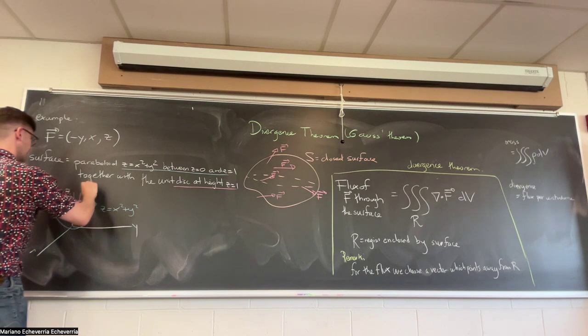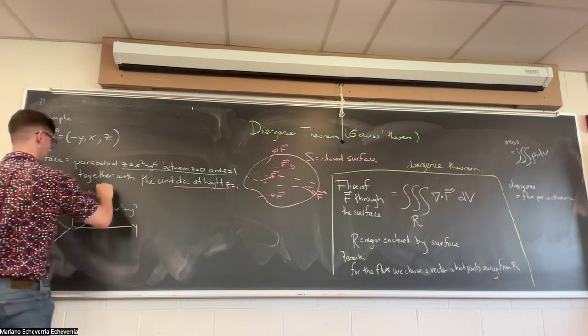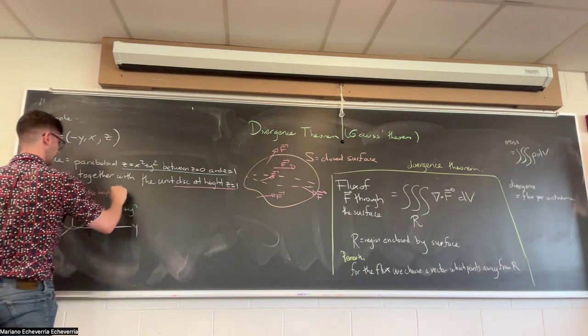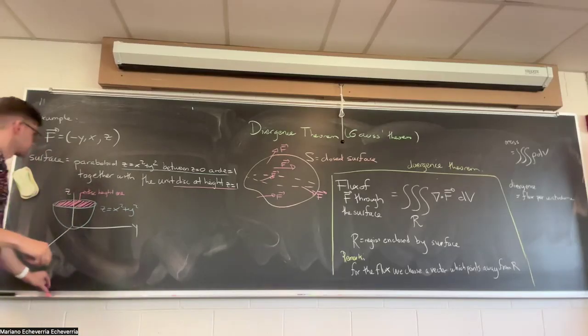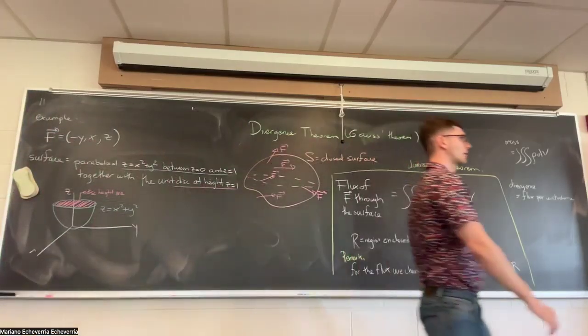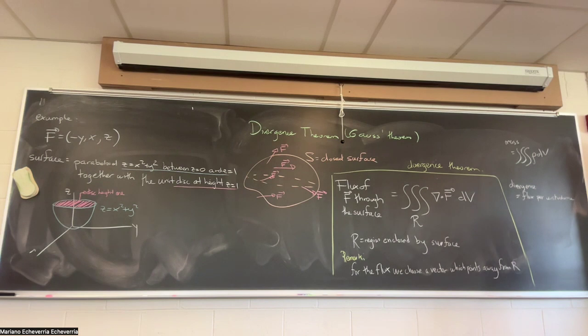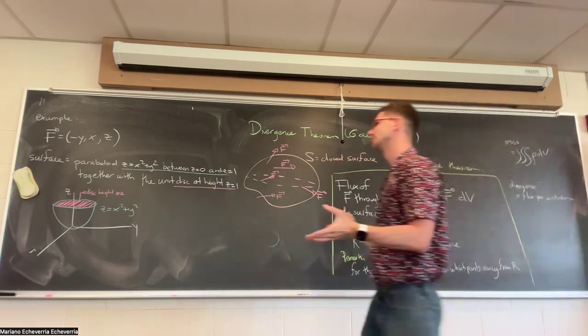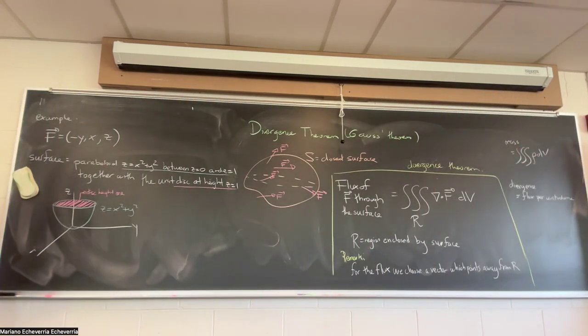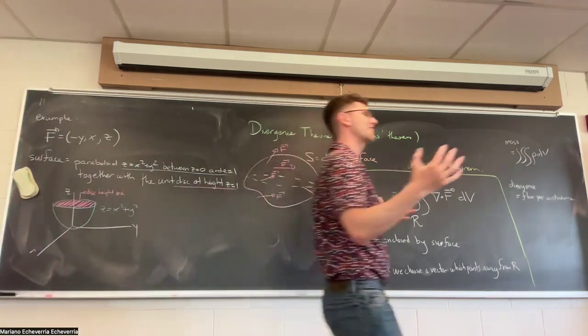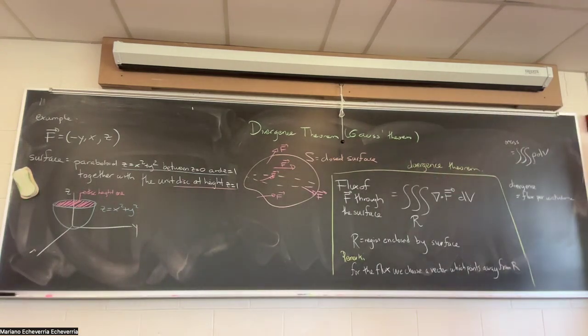This finite paraboloid together with the lid is a closed surface. Now there is a region enclosed by it. Before, if you don't add the disk, there's no region enclosed by it.